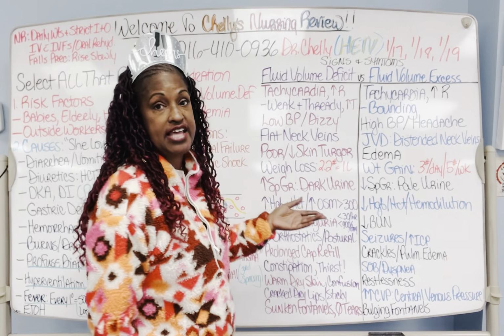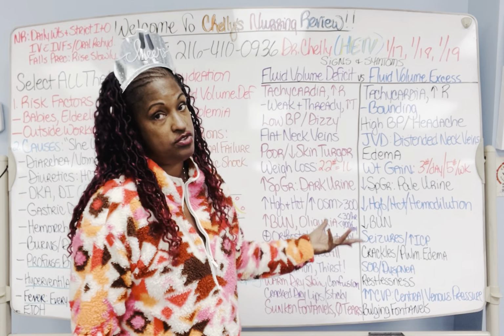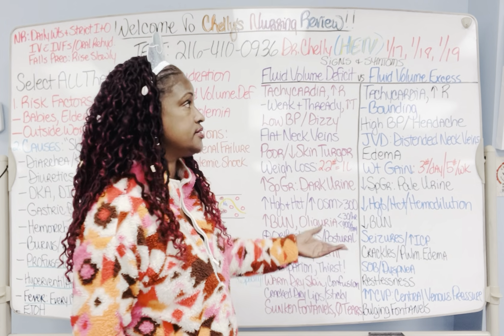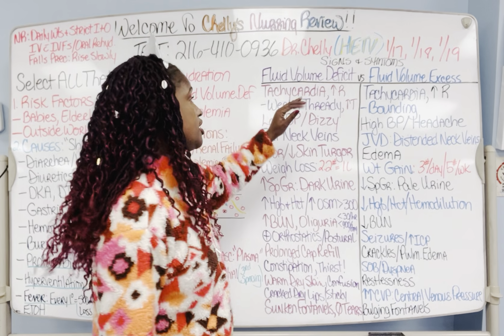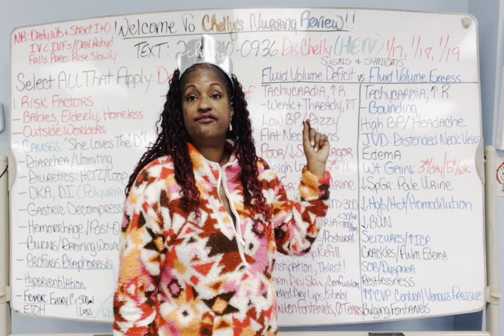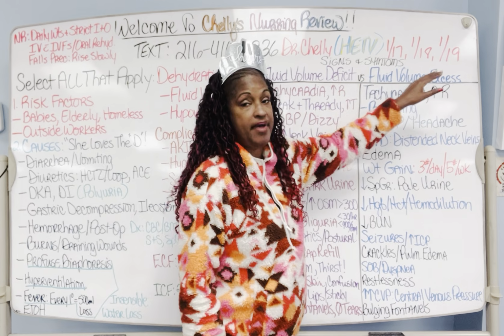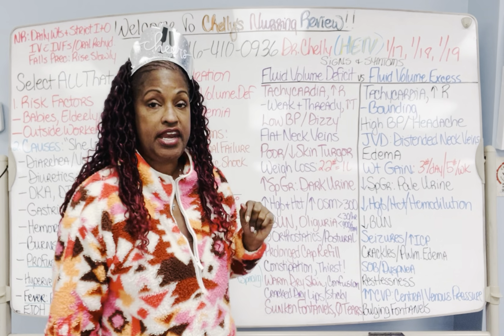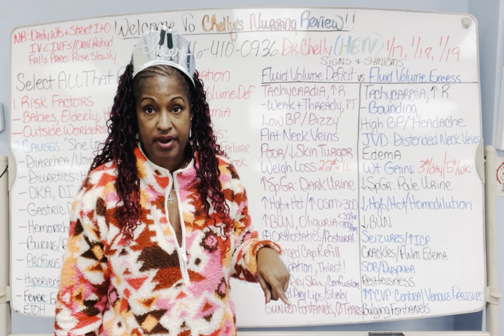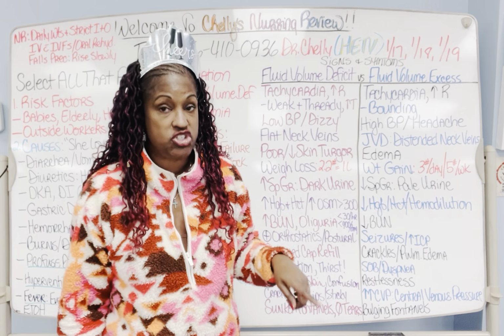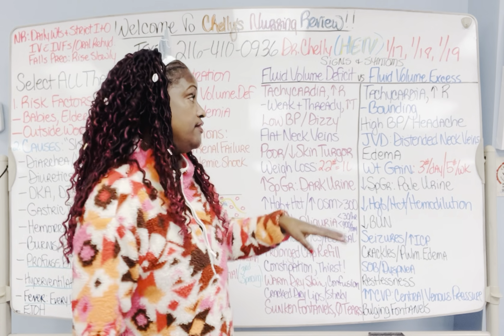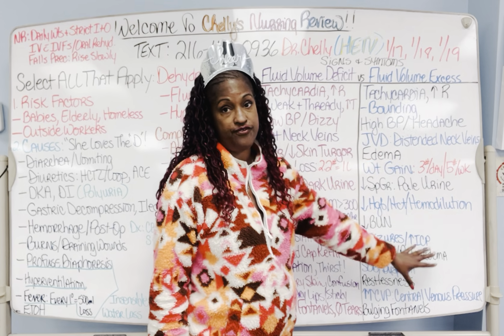So whenever I do this chart like this, and you know there's a lot of videos with this chart, we're talking fluid volume deficit versus fluid volume excess. Now this video was select all that apply on dehydration or fluid volume deficit. There's a whole other video for this one.